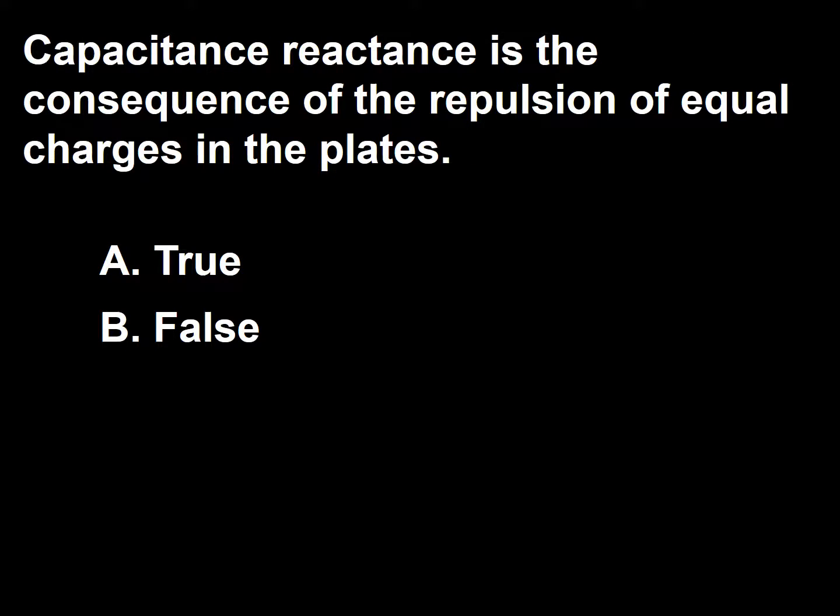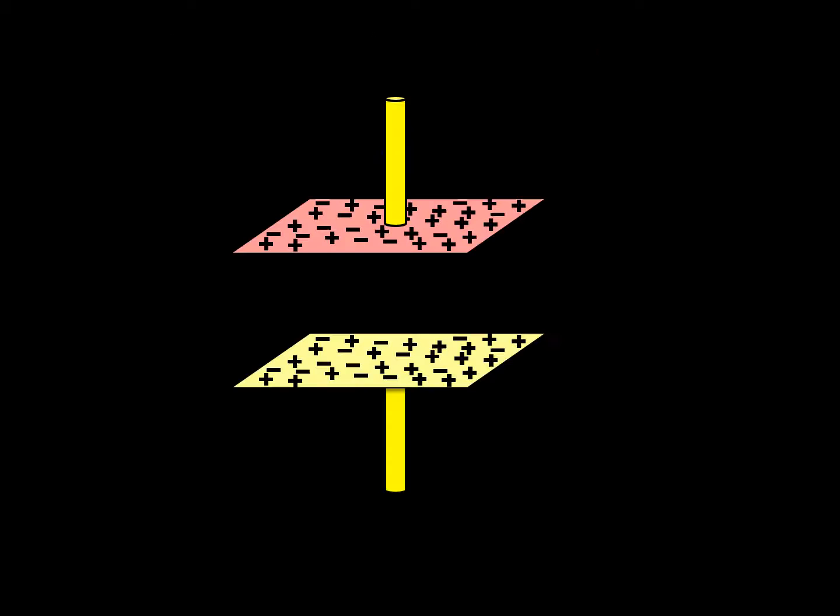Next question. Capacitance reactance is the consequence of the repulsion of equal charges in the plates. A, true, B, false. These frames show a capacitor. The charges in each plate are equal.